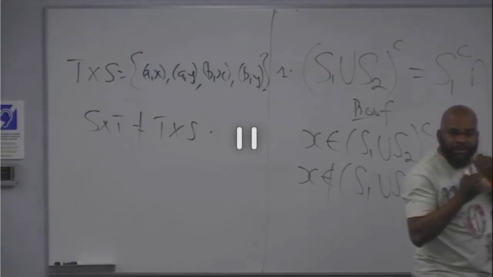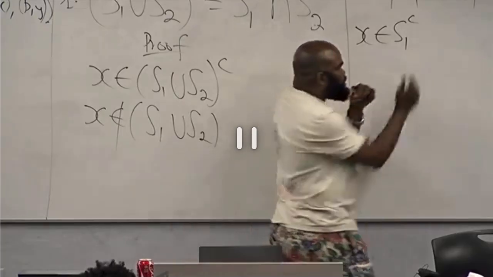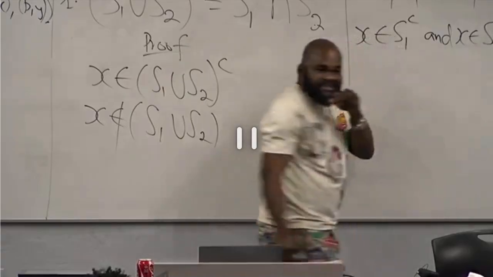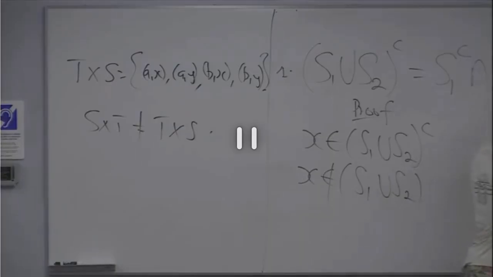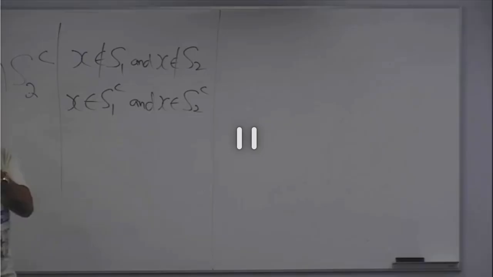Now, you know what I want to do? If I want to rewrite this guy, it is going to be a complement, and this guy is going to be a complement. Can somebody tell me, when I have AND, you remember the other time? Conjunction AND is going to form an intersection.